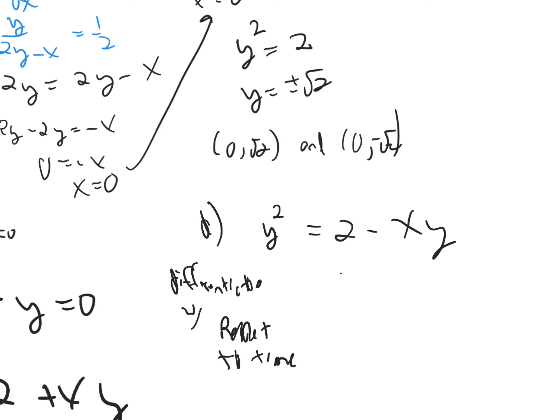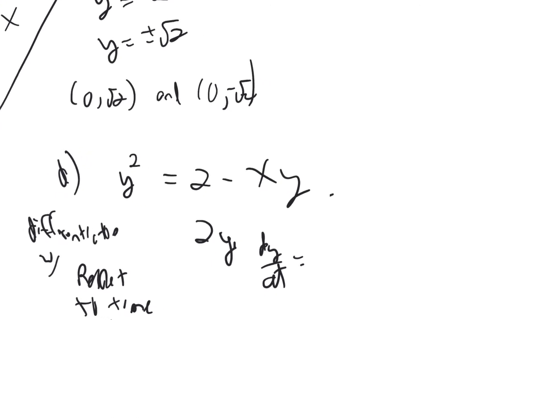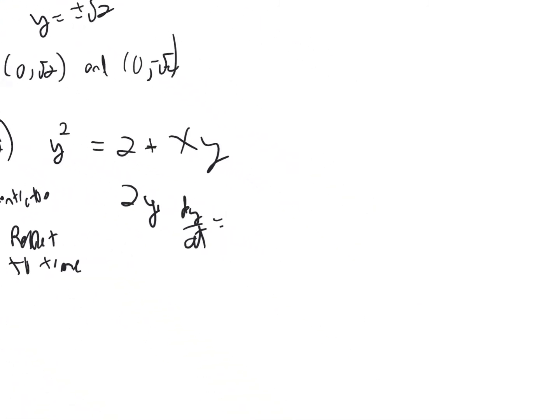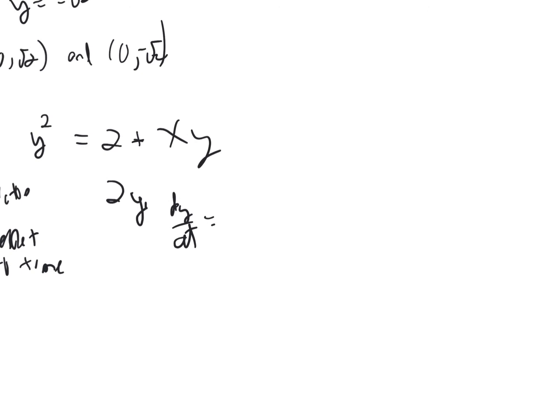So that's 2y, and remember how we would say y prime? It is y prime, but it's dy/dt, equals 0 plus or minus. No, it was a plus, wasn't it? Go back up and look. Yeah, it's a plus. Plus product rule.